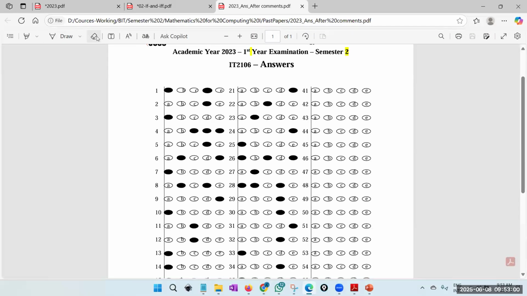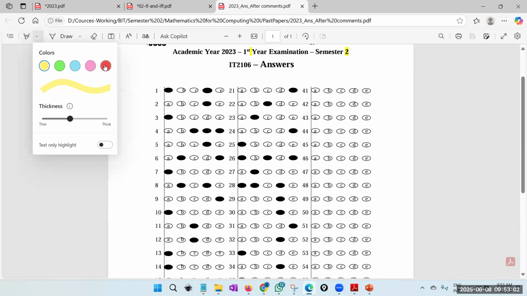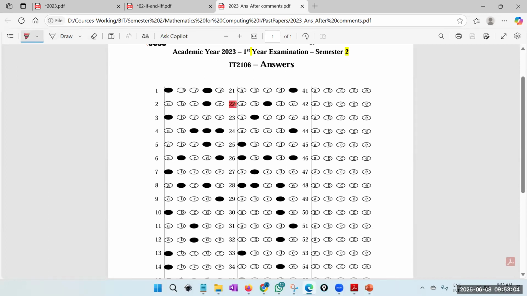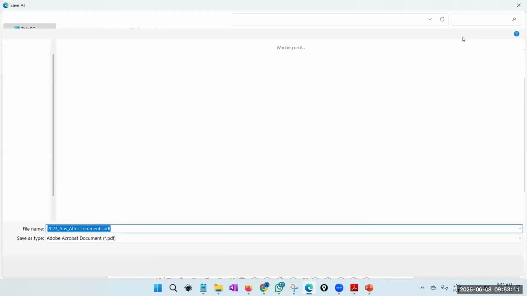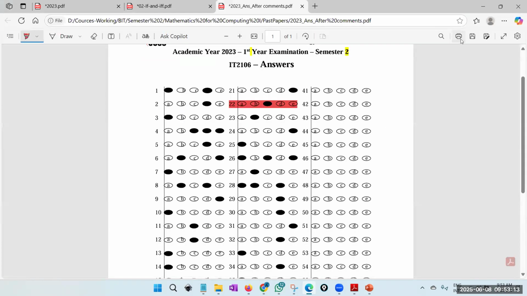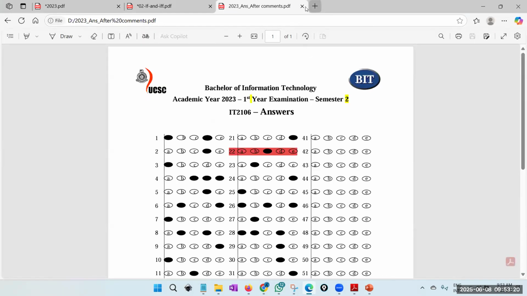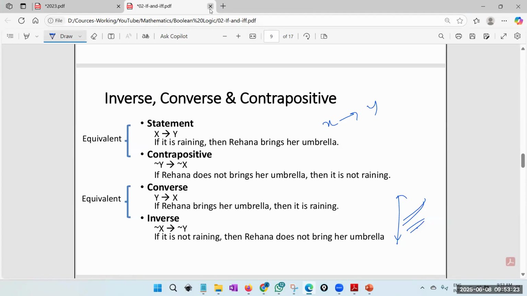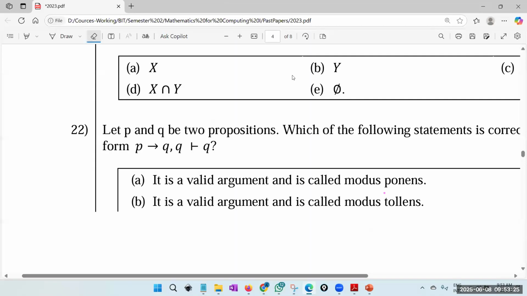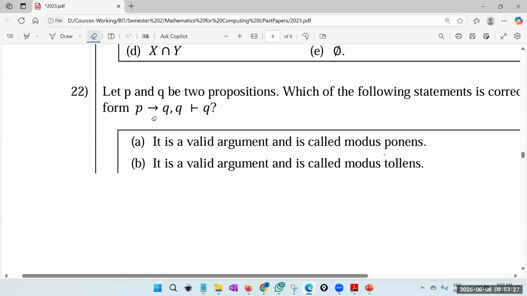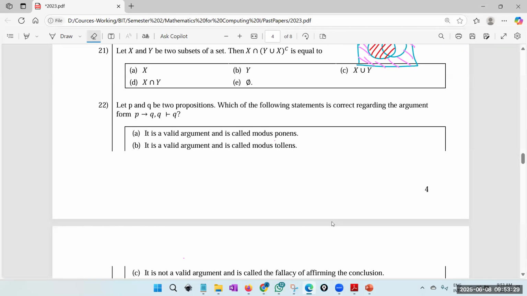Let me mark that. Right. So next one. So anyway, even ChatGPT says it's a valid argument, right?